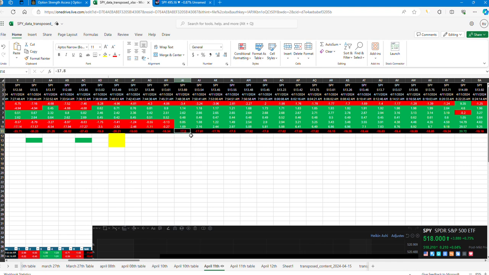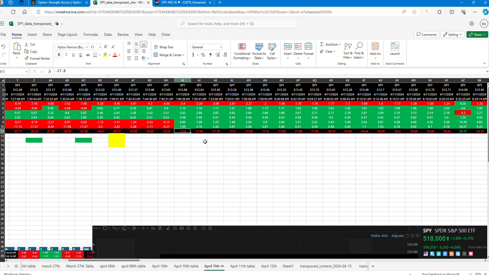The reason it would be green is that a negative number in the original way to calculate, if it was showing a negative 17.8, would mean that puts are leaving by this much, meaning it's going to be bullish. Like this would be green.